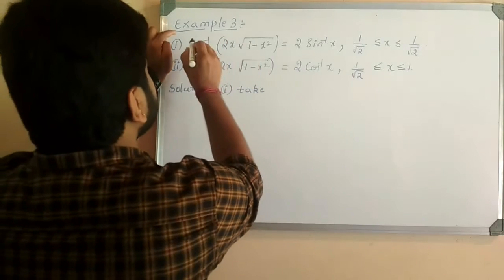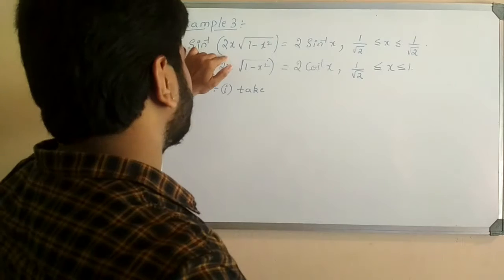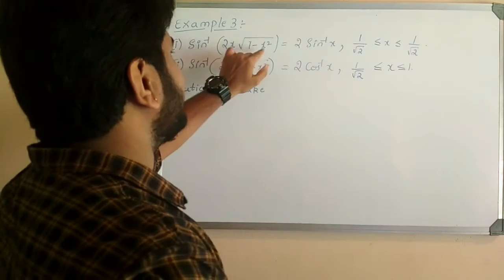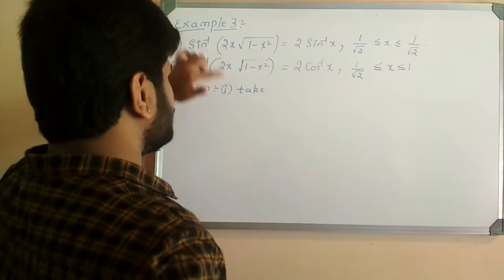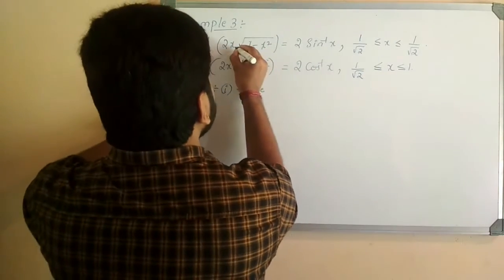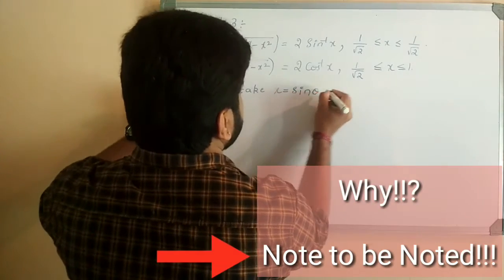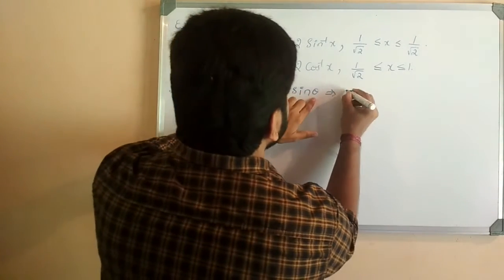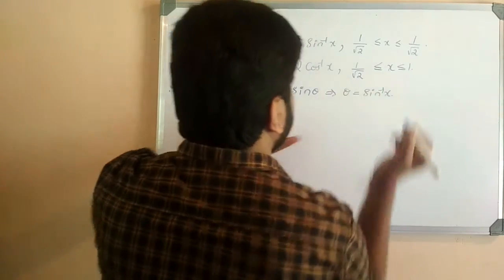Next we will move on to the example problem, that is example 3, sin inverse of 2x into root of 1 minus x square is equal to 2 sin inverse of x. So to prove this, take x is equal to sin theta. Implies theta is equal to sin inverse x.